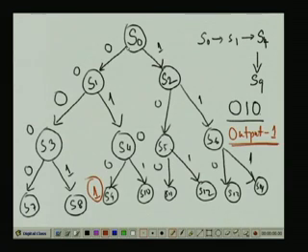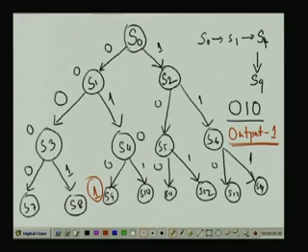See now similarly if we see the other branches, then S0, S1, S4, S10 means 0 1 1. Then in this branch it should be 1 0 0, output will be 0, 1 0 1, output will be 0, 1 1 0, output will be 0, 1 1 1, output will be 0.